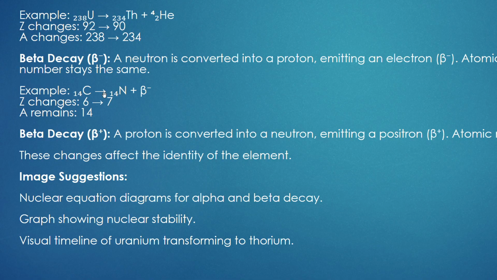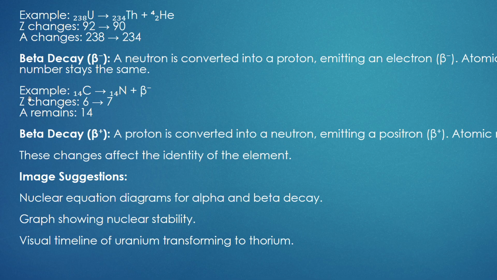See, when you take carbon 14, the isotope of carbon which has mass 14, and it goes through beta decay, this gives rise to nitrogen, which has mass number 14, and a beta particle, which is an electron.